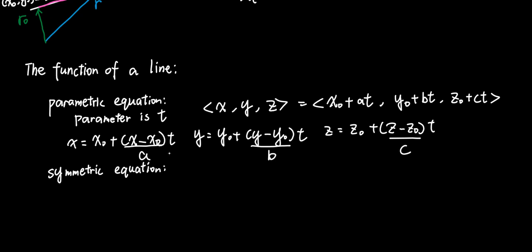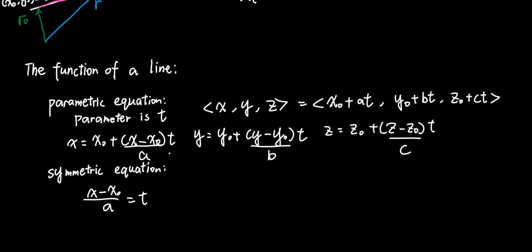In the symmetric equation, we can just change the parametric equations in this way. (x minus x0) over a equals t, and t also equals (y minus y0) over b, and (z minus z0) over c.